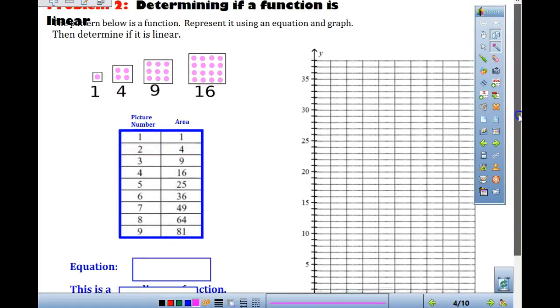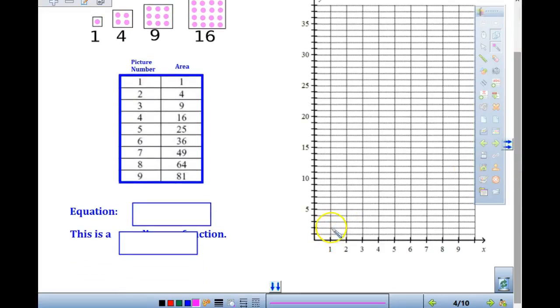So plot the points. 1 at 1. At 2, it's at 4. First off, if I'm looking, my picture number is X and my area is Y. I'm thinking that those is ordered pair, right?